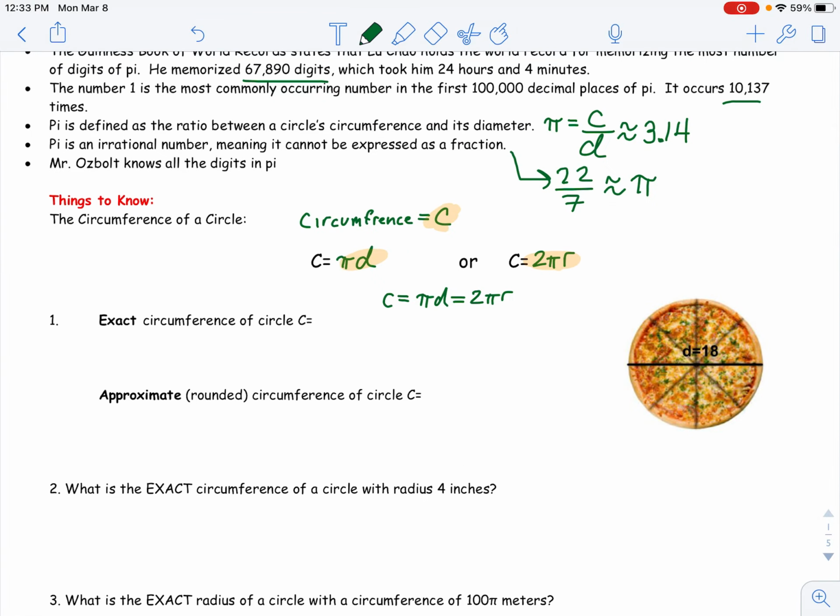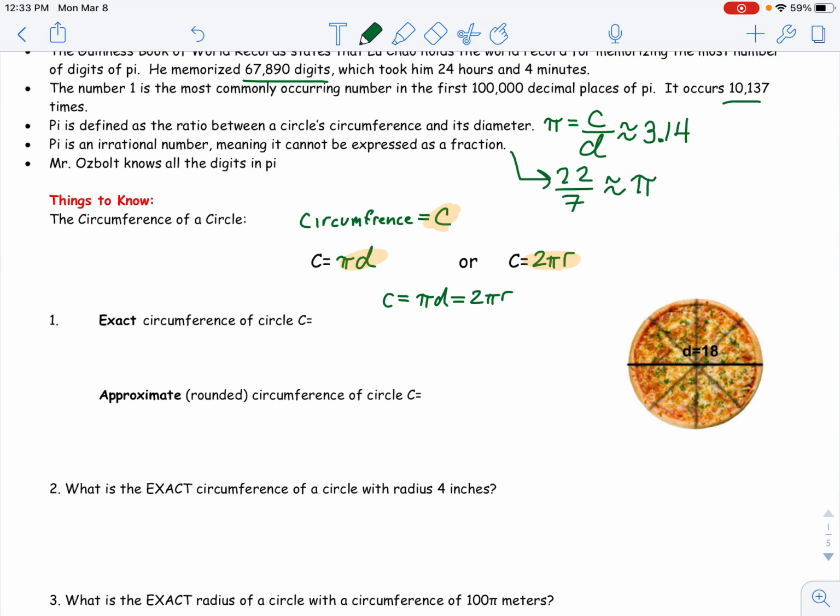Exact answers can be beneficial, but at times just a decimal number can be more meaningful. So approximately 18 pi, plug this in the calculator, it's about 56.5. So this is rounded. So we need to know the difference between exact answers and approximate answers.